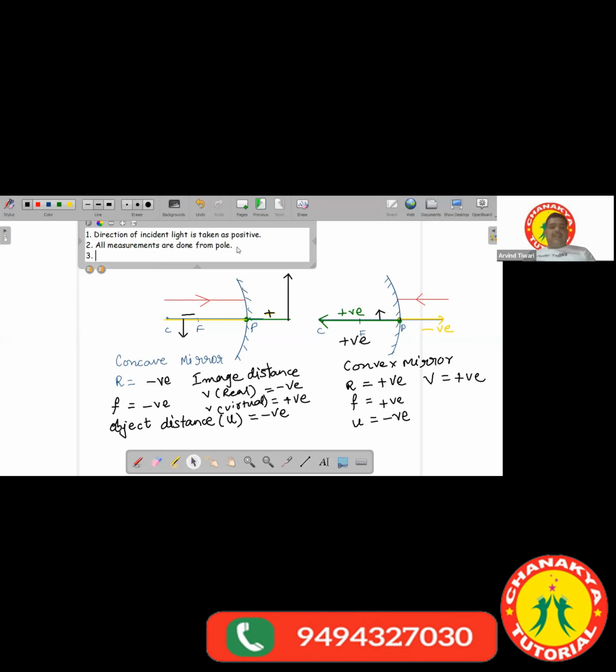So your third point about the sign convention is that all measurements above the principal axis are positive, and all measurements below the principal axis are negative. Okay. So I hope these are easy to understand.